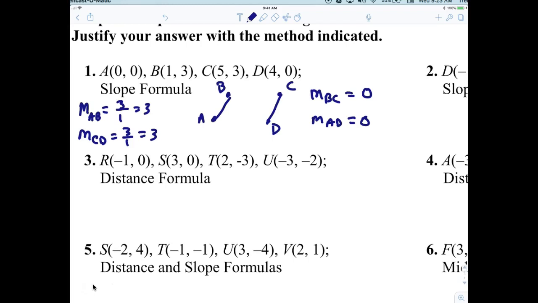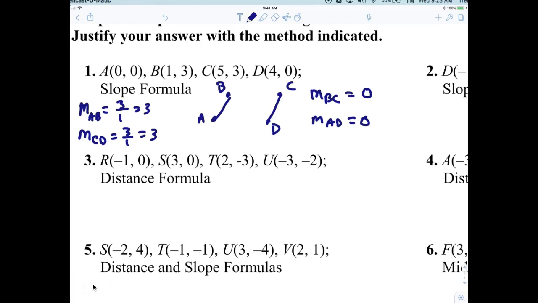Yes, ma'am. Why is the slope of BC 1? Well, tell me what you think. Why is it 1 to you? Because the difference between 3 and 1 is 2. The difference between 5 and 3 is 2. 2 over 2. BC. Is that what you're asking me? Yeah. How are you getting 1 from that? 2 divided by 2 is 1. How are you getting 2? Because the difference in x-axis and y-axis.